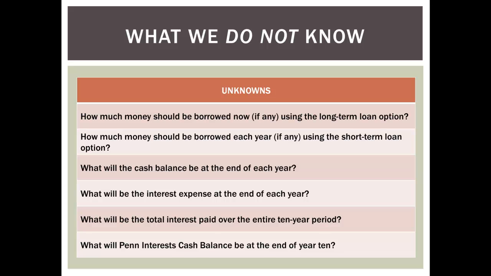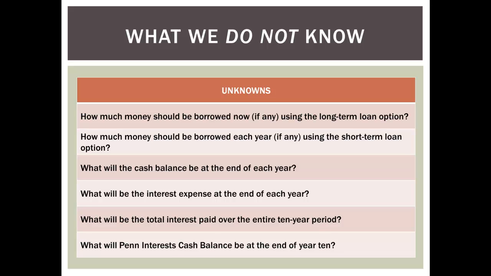What will the cash balance be at the end of each year? Again, at the very least, it has to be $500,000. What will be the interest expense at the end of each year? So based on whatever loans are active during any given year, there will have to be some interest paid on those loans. What will that be? What will be the total interest paid over the entire 10-year period with whatever combinations of loans we decide?